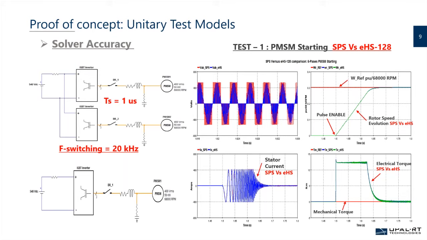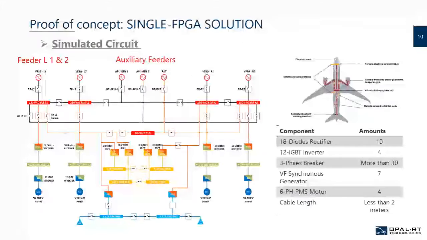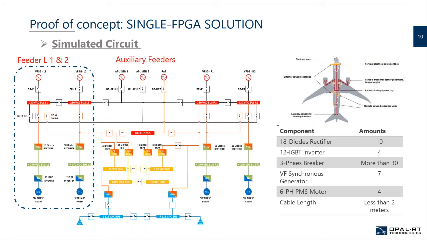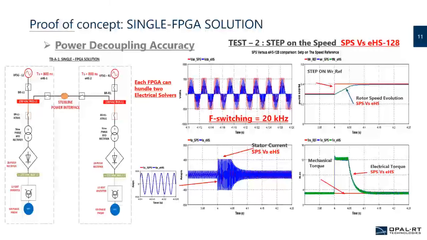So once the accuracy of the solver was validated, we then needed to validate the power decoupling elements in terms of accuracy and robustness toward numerical instability. To do so, we chose two principal feeders of the Boeing B787 power system. The idea here is to validate the stubline power interface that we see here.